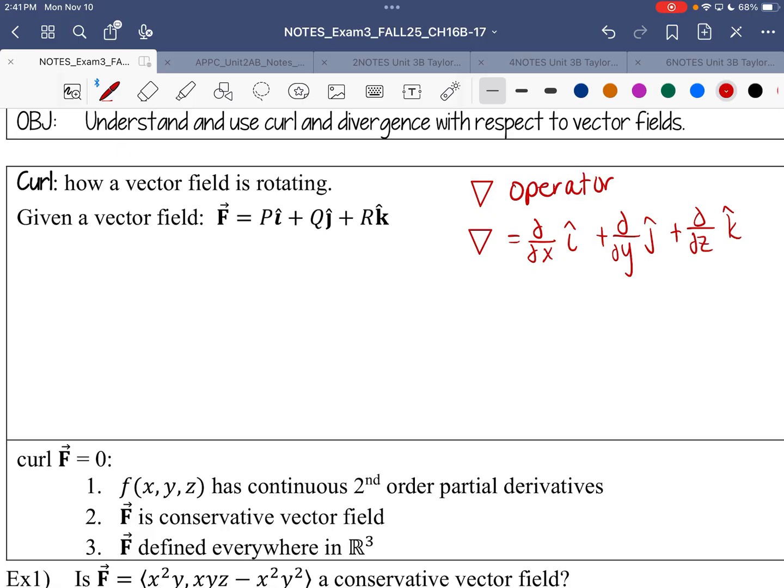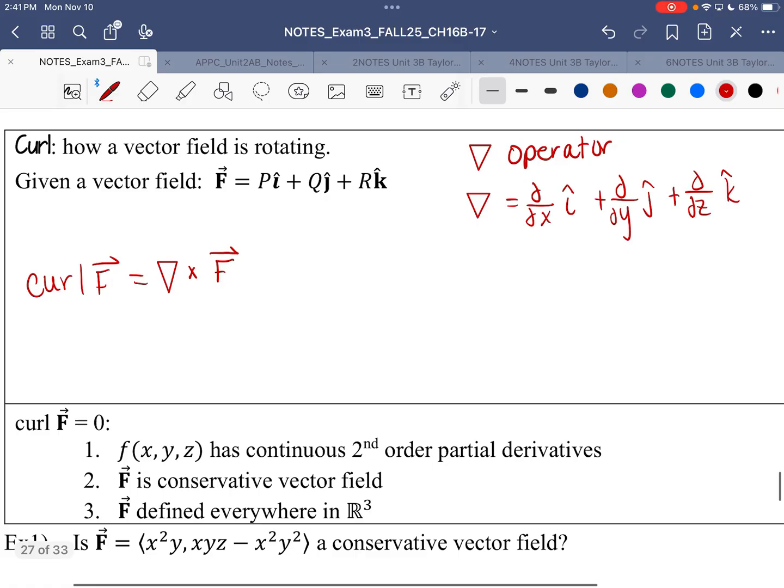So you'll see for curl, it'll literally say curl of the vector field f, and then you'll have the Dorito happening with a cross product to your vector field. Remember, when we're doing the cross product, what's the first row going to be?